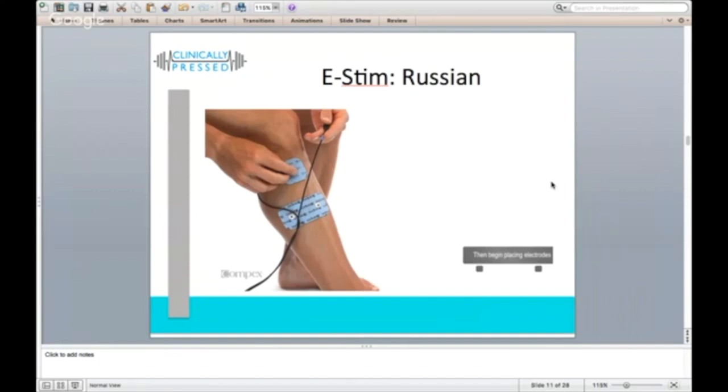One that we've found is Russian stim, which is a certain setting on the machines. We're actually trying to overstimulate the noxious pain fibers within the area that we're treating in order to get a refractory period. So this would be something we'd utilize if we need to get someone through a practice or a competition until we can get some rest.